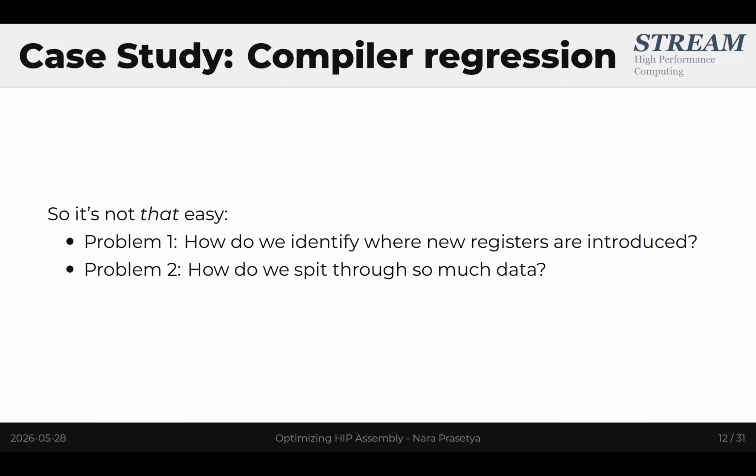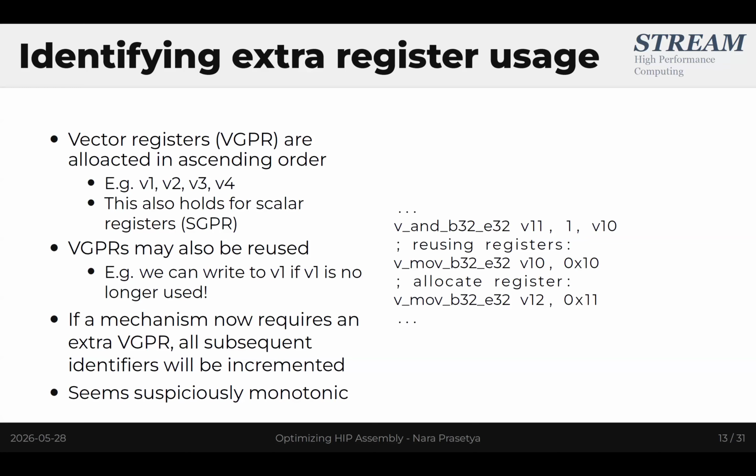So first, how do we identify where these new registers are introduced, these resources that we're now using extra? Where do we use these? And how do we sift through this much data? If we look at the assembly, we can actually utilize a little bit of how the compiler allocates these registers.